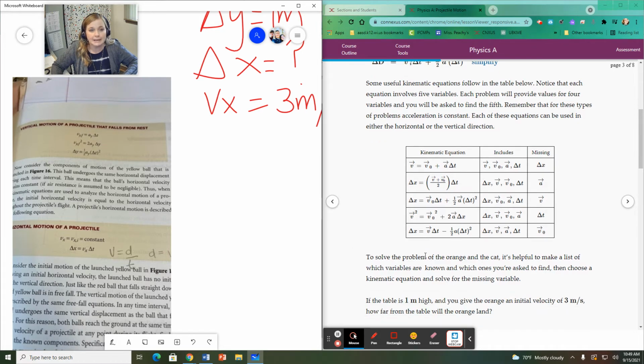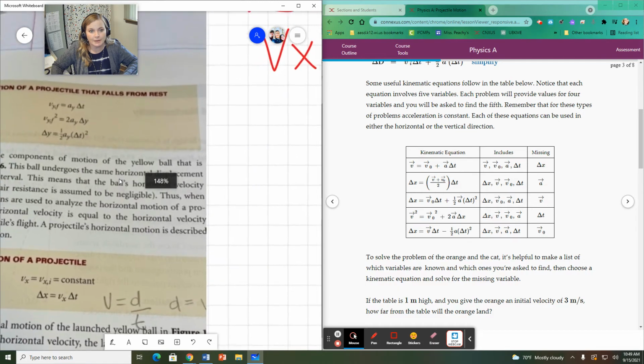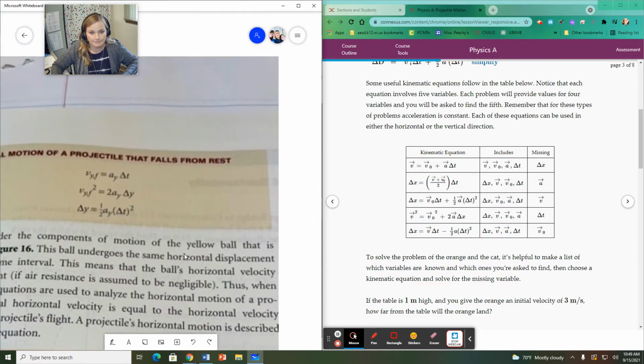So again, what we need is time. When I go back to the book and see which equations I can use to figure out time, I'm going to go to the remaining equations, which are all the y direction equations, and see which one of them will help me figure out time. The first one, I need to have the y component of velocity, which I don't have.